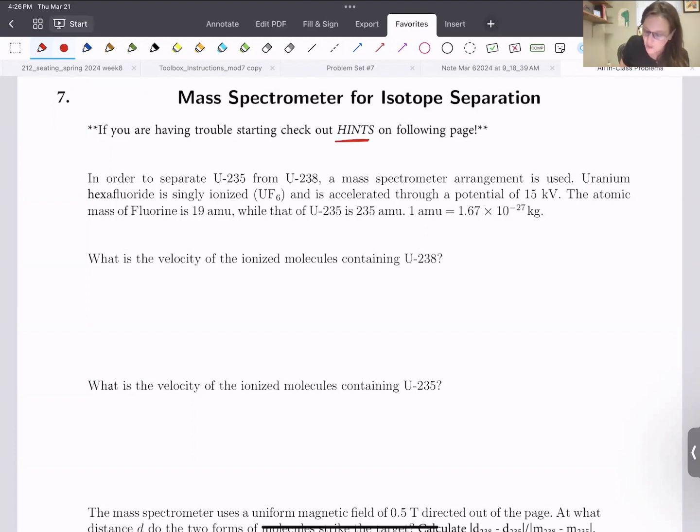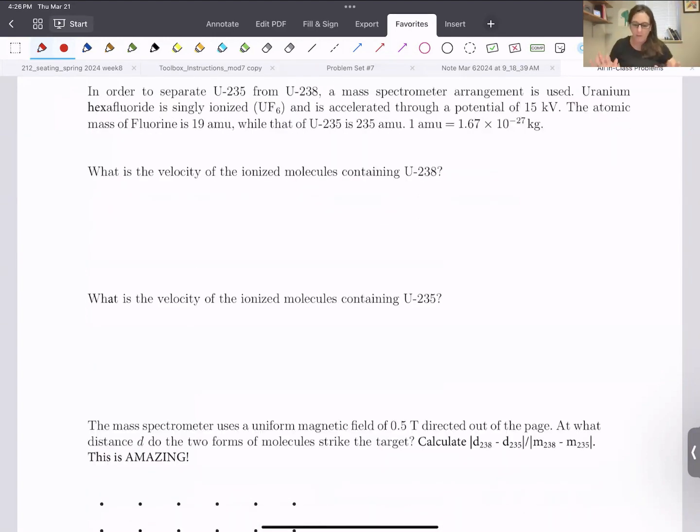In addition to this video, there are hints on the following page to help you navigate it. Really, the circular motion part's not the hard part. The main part that people mess up is figuring out the mass of these isotopes. Okay, so we have uranium-235 and uranium-238, and we're going to separate them using a mass spectrometer.